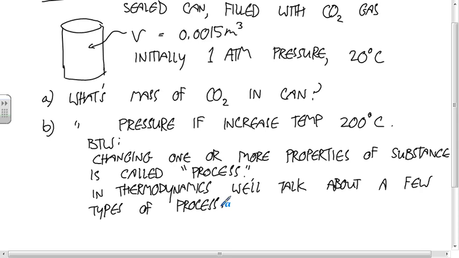The one that we're going to do in part B is what's known as an isovolumetric process, because we're changing the quantities inside without changing the volume.